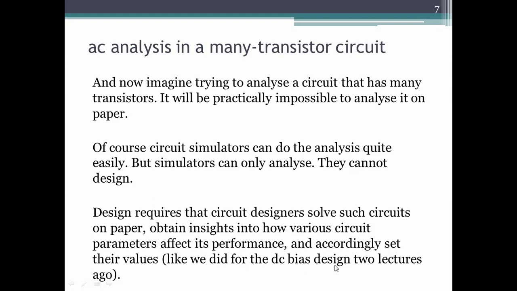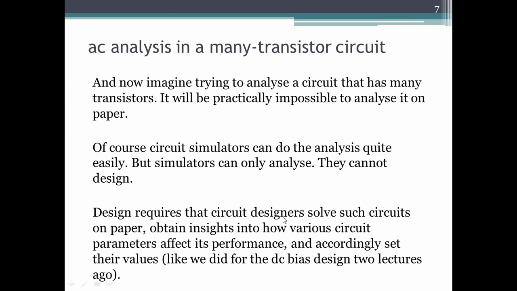We were given the current and we were asked to design the resistance values to meet that current requirement. A simulator cannot do that. Of course, one can do it by trial and error, but that is crazy. That will take forever. Human beings are required to design circuits. Circuits cannot be designed by simulators.